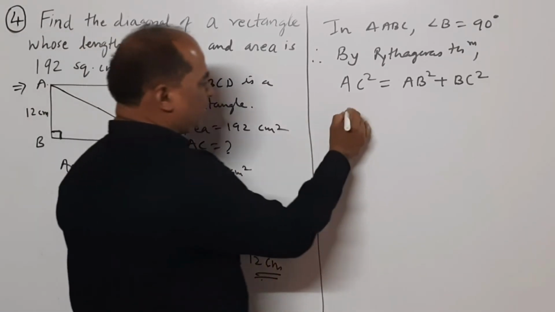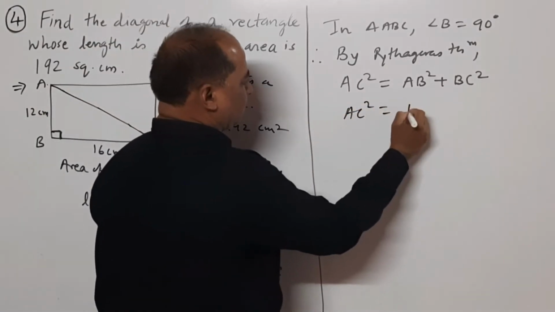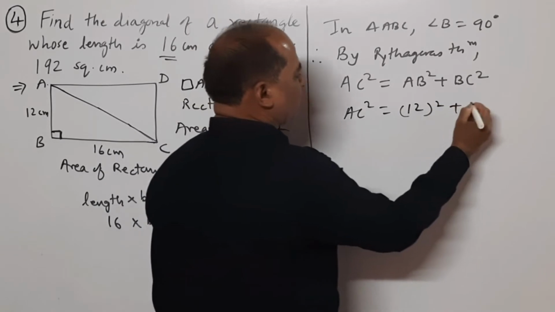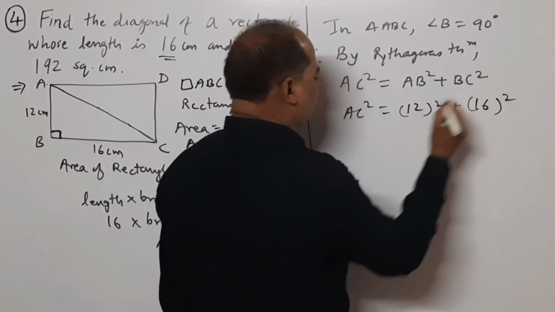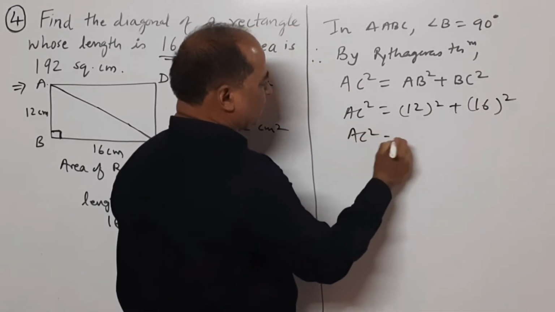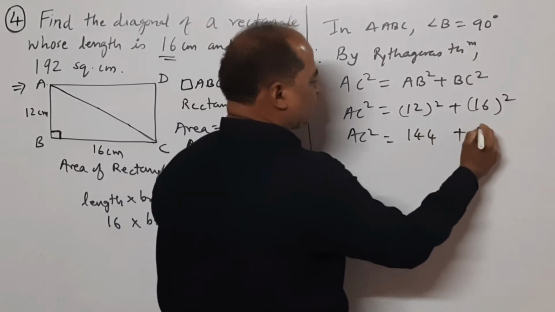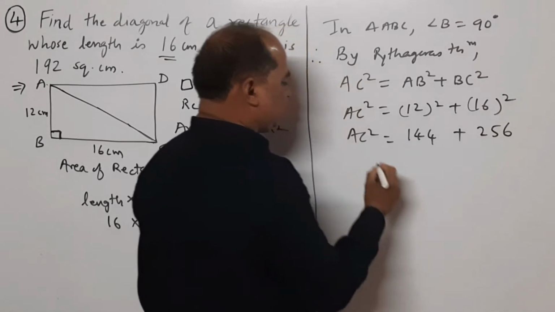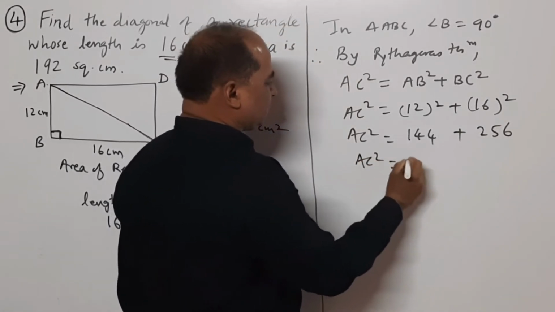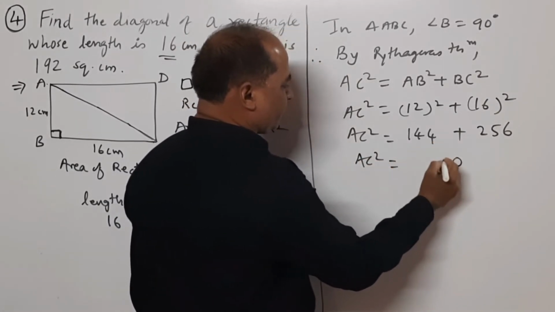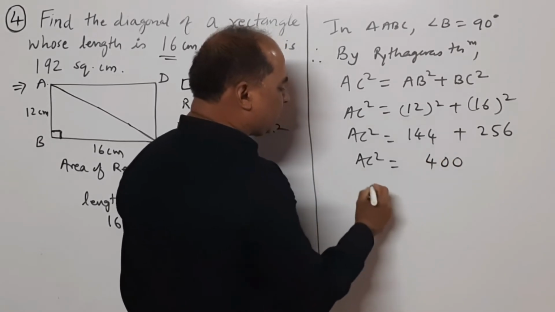So AC square is equal to 12 square plus 16 square. 12 square is 144 plus 16 square is 256. Adding both, AC square is equal to 400.